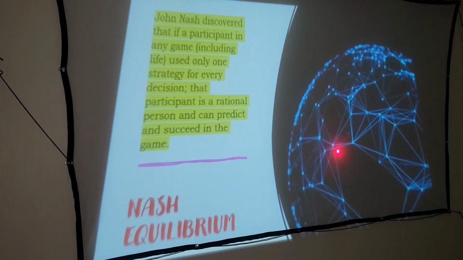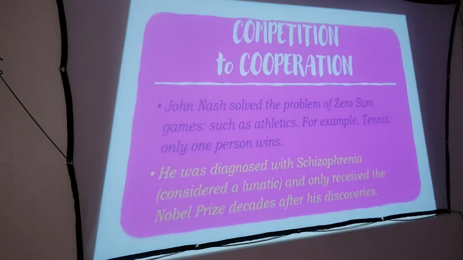And this is how competitive equilibrium is related to Nash equilibrium. In competitive equilibrium, which preceded Nash equilibrium, the problem was that competition, such as in the game of tennis, where only one person wins at the expense of the other, these are called zero-sum games.